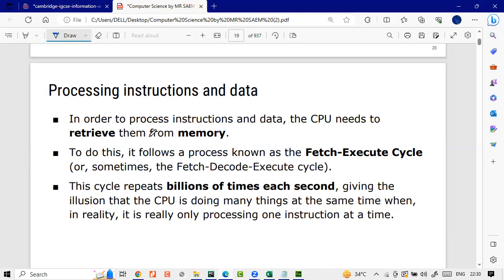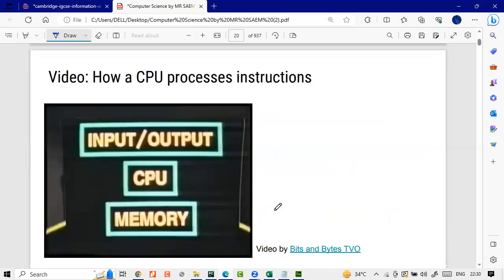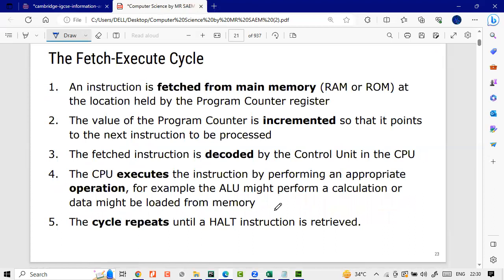In order to process instructions, the CPU needs to retrieve them from memory. I talked about the fetch, decode, execute cycle. The cycle repeats billions of times each second. The fetch-execute cycle fetches instructions from the main memory, and the program counter is there to register all of that.